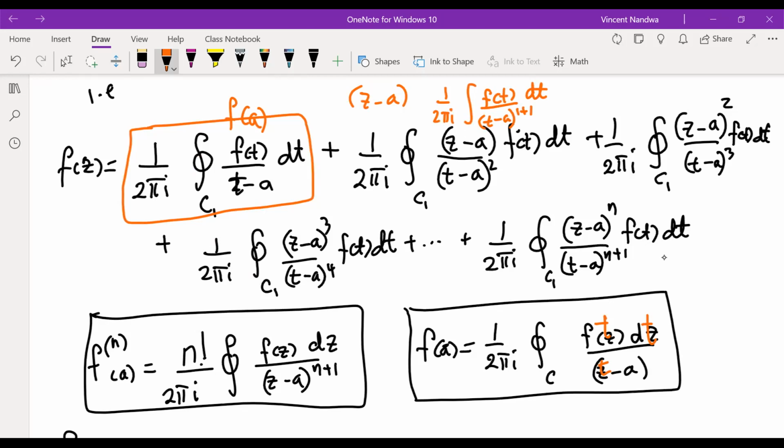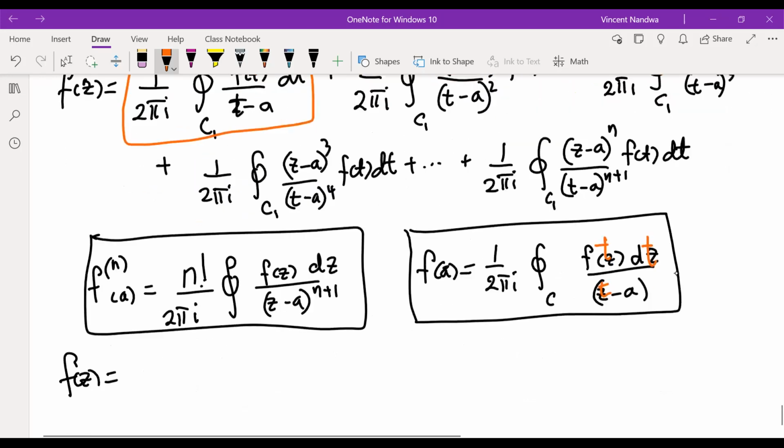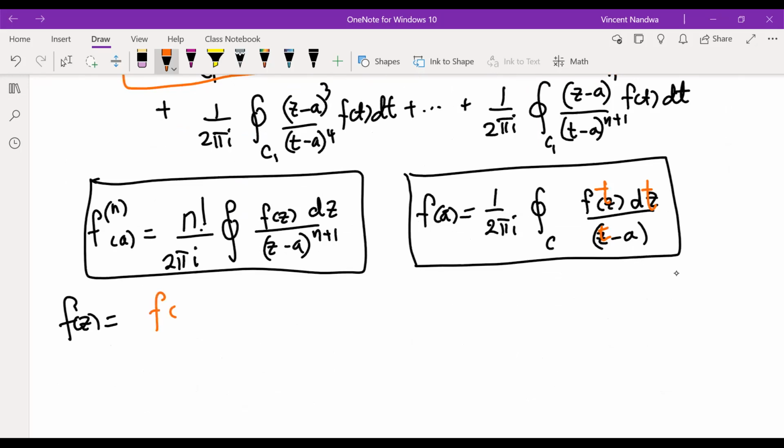So the value of n will be 1, so the first derivative. So it's like I have (z minus a) multiplied by the first derivative at point a. So using this definition of Cauchy's integral formula, we have f of a plus (z minus a) times f prime at a.